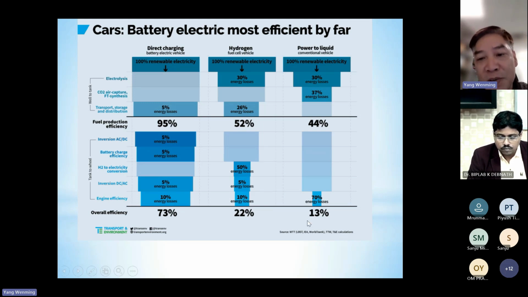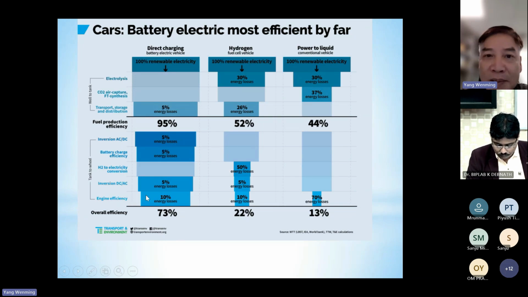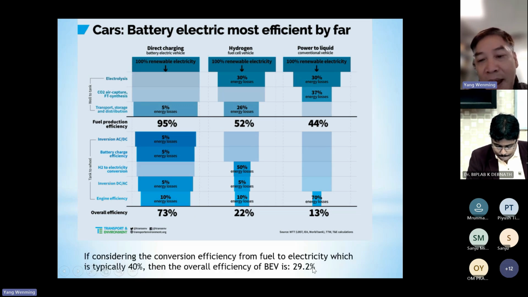And also the efficiency is much lower. It's only 30%. So even if we use power plants to produce electricity, and the power plant also produces a lot of CO2, the overall efficiency is still higher than the IC vehicles. So overall, the greenhouse gas emissions produced by electric vehicles will be lesser.